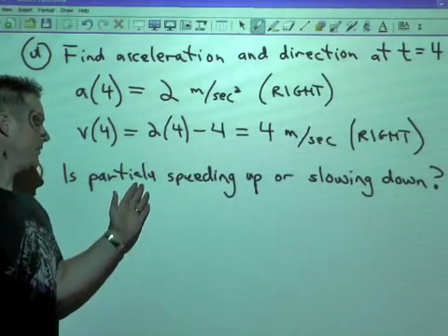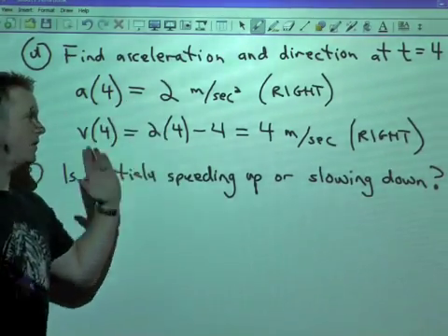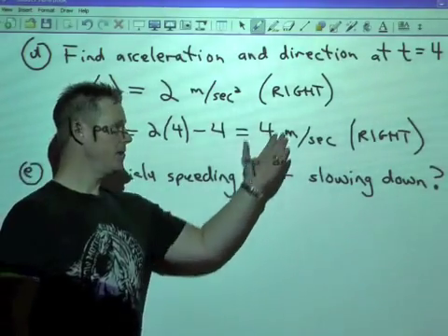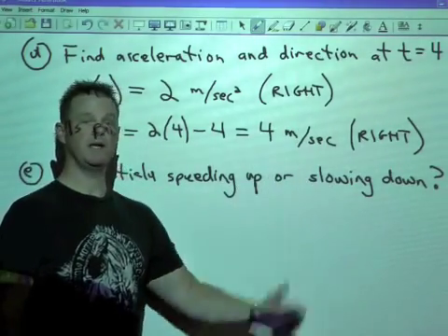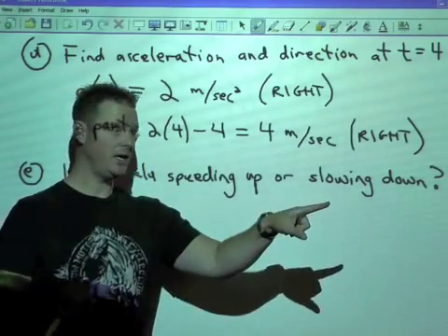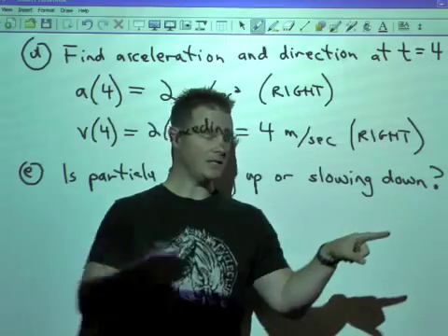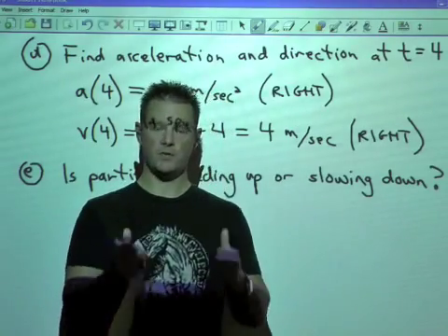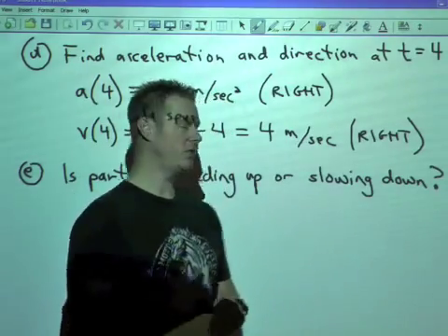And the rule is that if acceleration and velocity are in the same direction, then the object is going to be speeding up. And if they're in opposite directions, so if you're moving this way but accelerating this way, that's actually going to be slowing you down because those forces are moving in the opposite directions.